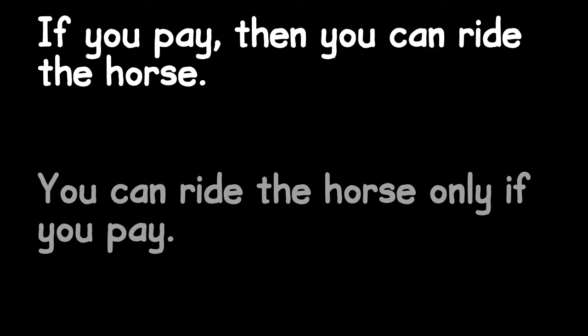Now consider this sentence. You can ride the horse only if you pay. Our first sentence said that if you paid, then you could ride the horse. And it leaves open the possibility that there are other things besides paying that would allow you to be able to ride the horse. Maybe there's a random door prize. Maybe the vendor is an old friend of yours. Maybe you can sneak onto the horse while the vendor isn't looking.